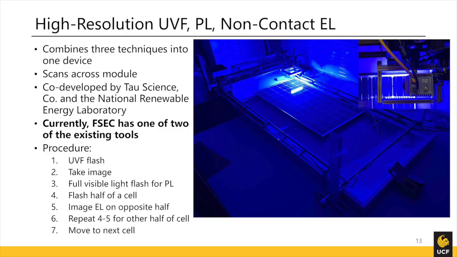So this tool was developed by an instrumentation company called Tau Science, in collaboration with the National Renewable Energy Laboratory. The idea behind this tool is that you have this gantry that you can put on top of a module, whether inside or outside, and it'll scan through every cell in the module and take a few different measurements.